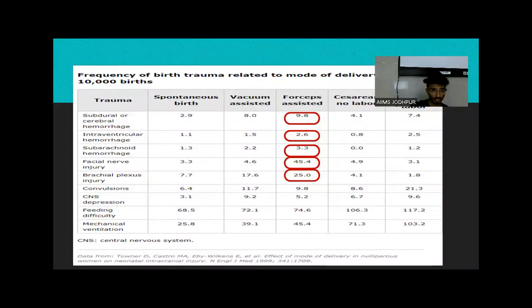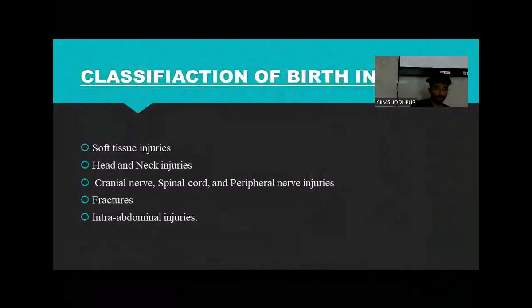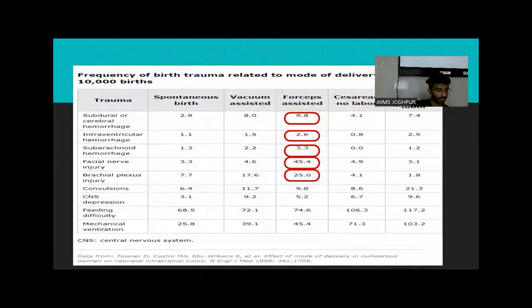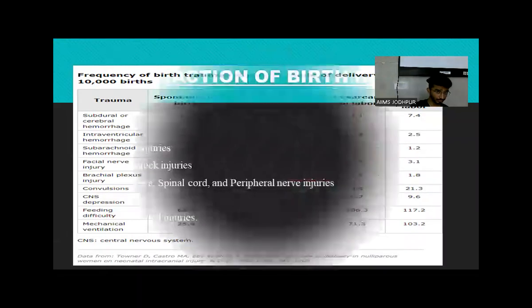The other factors which come after that are vacuum assisted delivery and spontaneous birth. Among risk factors, cesarean delivery is also a matter of debate. Some sources say that cesarean delivery does not decrease the risk of birth injury.